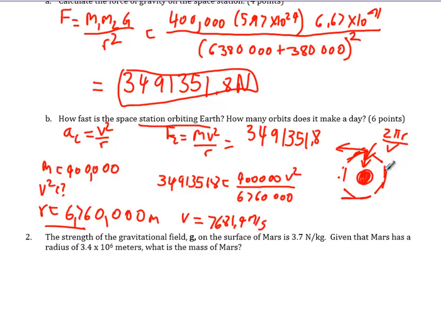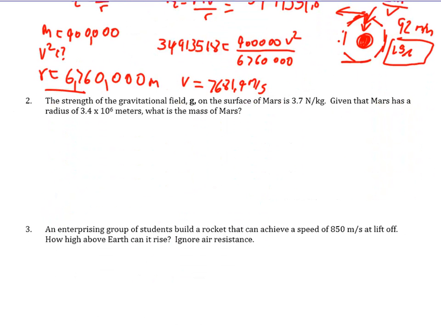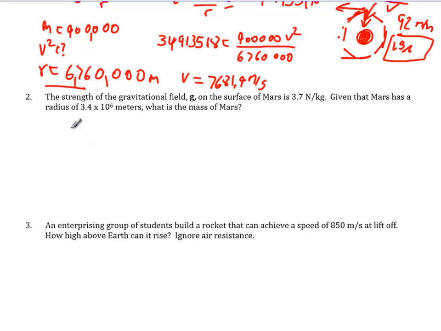It's going to give it to you in seconds, and it takes quite a lot of seconds. But if you divide it by 60, it gets it to you in minutes. It takes about 92 minutes for the space station to go around the Earth once. That means it does about 15.6 revolutions per day. So it's hauling once around the Earth every 90 minutes or so, about 15 or 16 times per day.